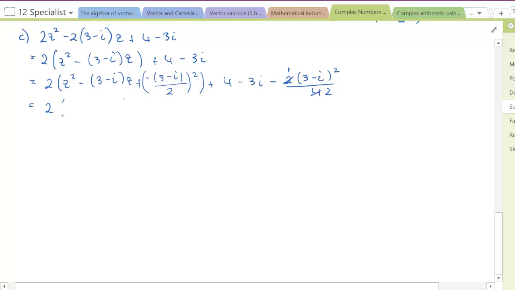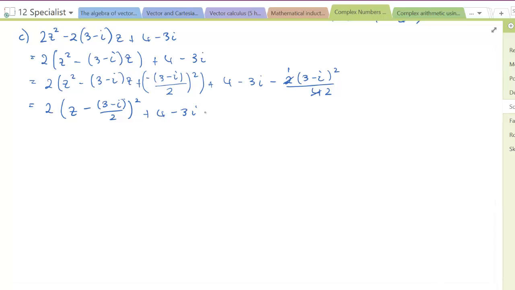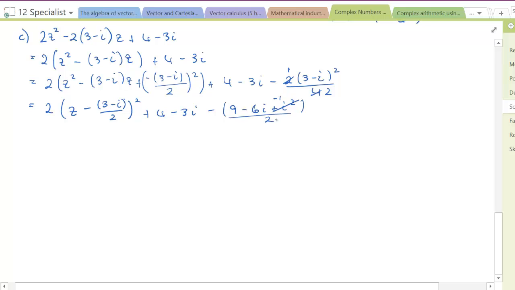So now we've got 2 lots of (z take (3 take i)/2) all squared plus 4 take 3i, and now we can simplify here and say that's subtract (9 take 6i plus i squared, which is -1) all on 2.